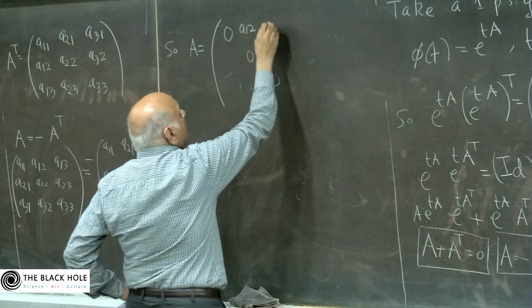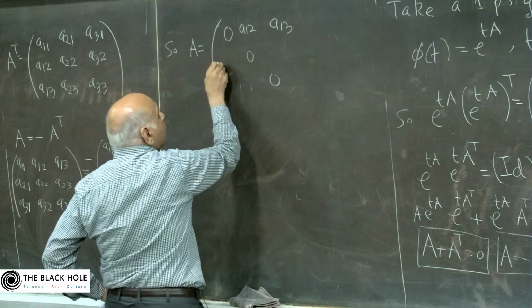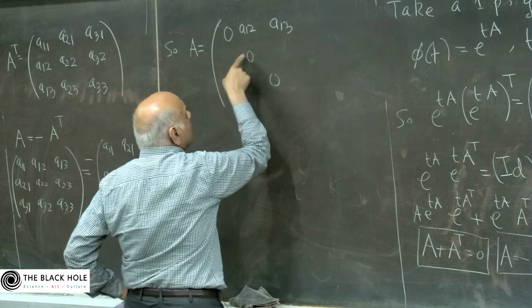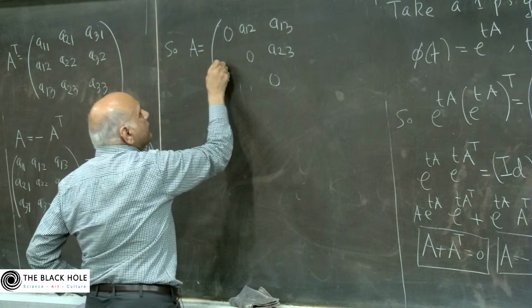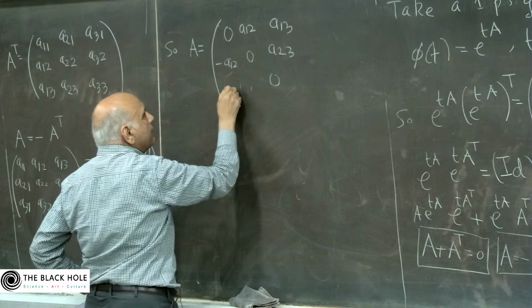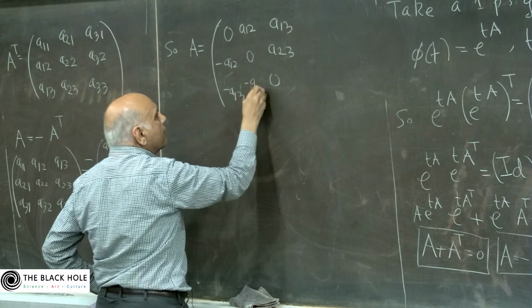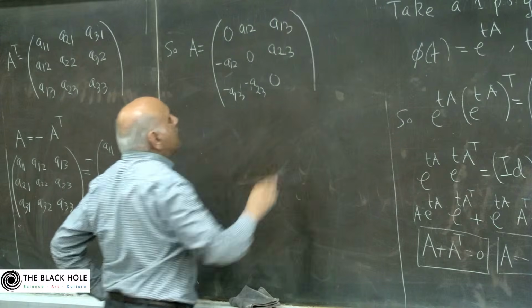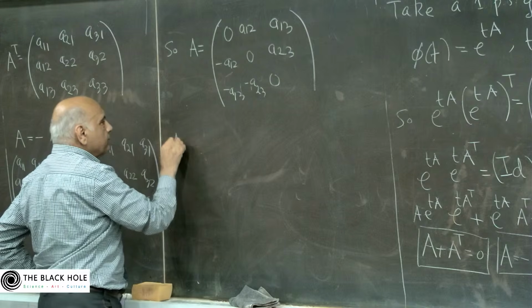A12, A13, then here will be A23, and this will be minus A12, this is minus A13, and this is minus A23.